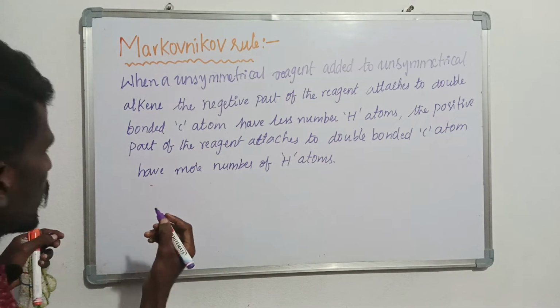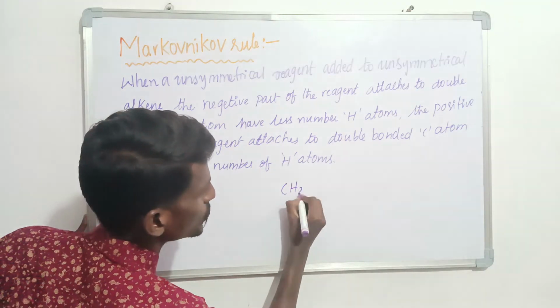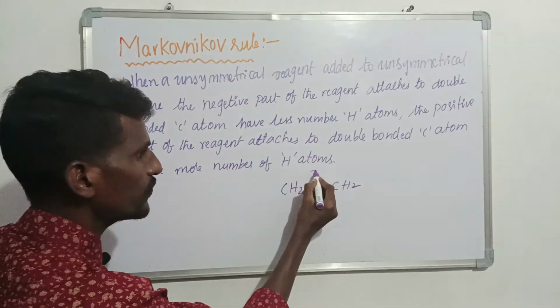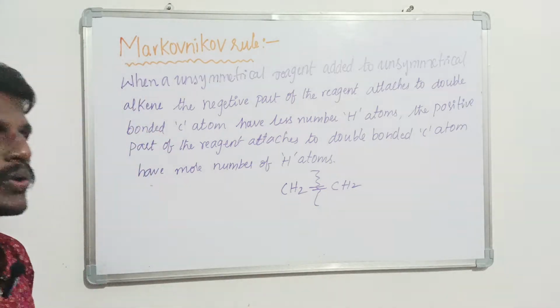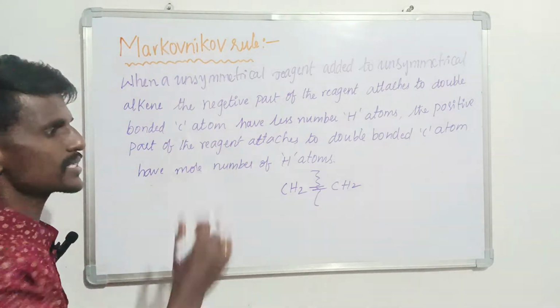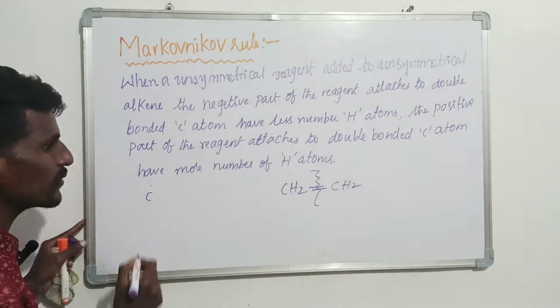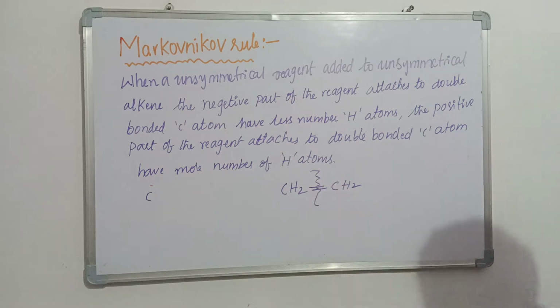So we'll see one example. For example, a symmetrical alkene, CH2 double bond CH2. When we divide it into equal parts, it is called a symmetrical alkene. Unsymmetrical means that when we divide it, it is not made into equal parts.